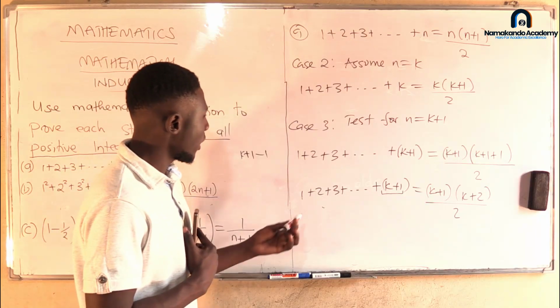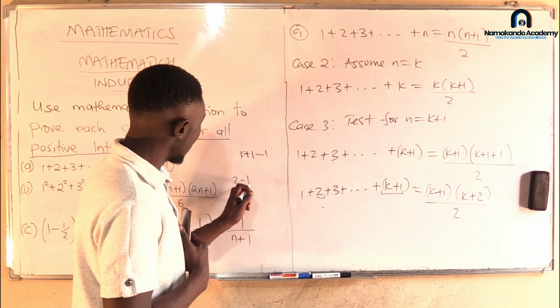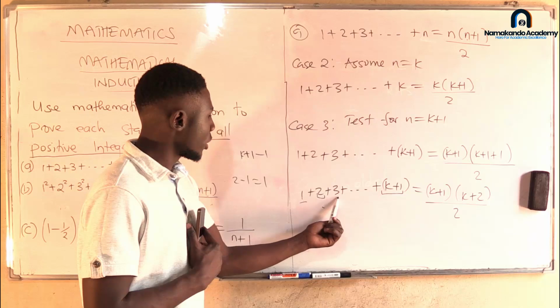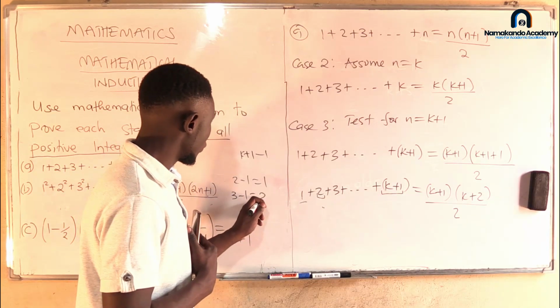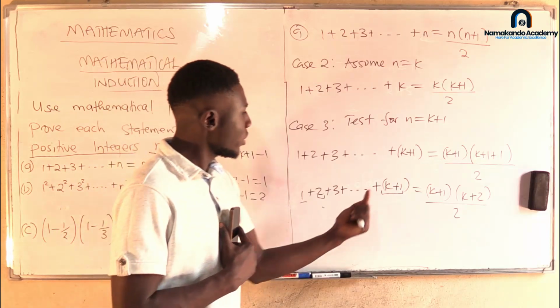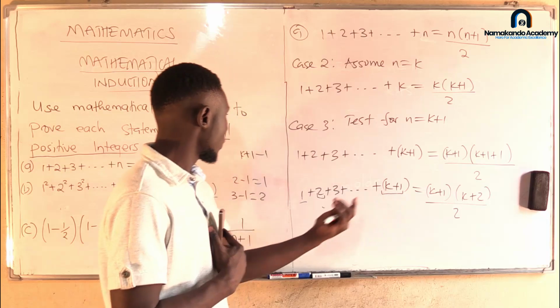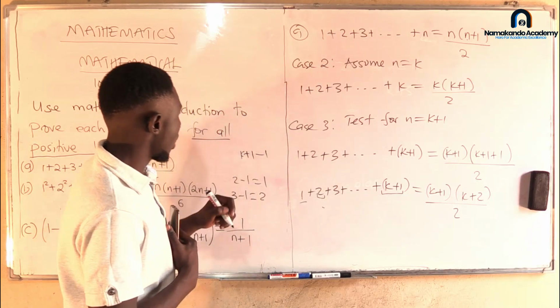The same way we would find 1 if we have 2. It would just say 2 minus 1, it will give us the first term. And if we want to move from 3 to 2, we just say 3 minus 1, and it will give us 2. Which therefore means that for us to move from k plus 1 to a term which is just before k plus 1, like what we are doing here, we are required to subtract a 1.